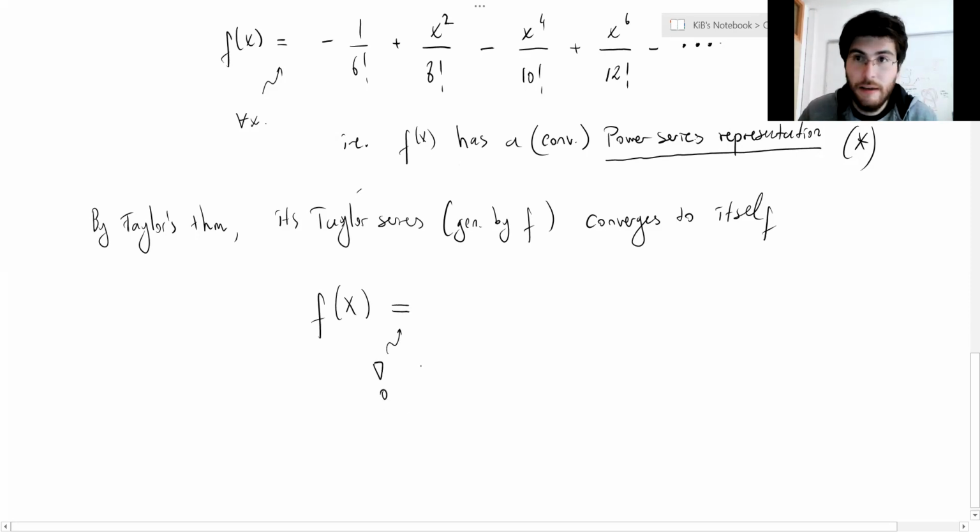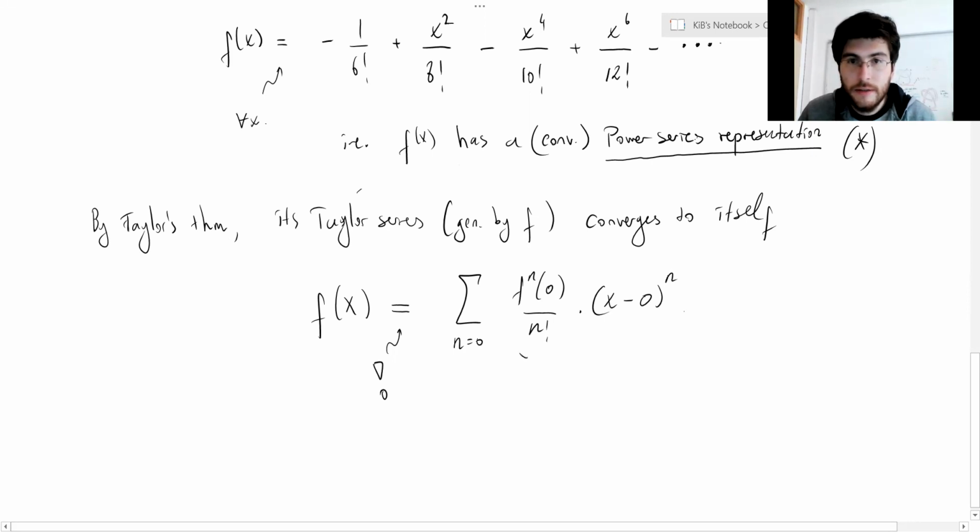This is not the case in general. This is where the amazing thing happens. This is the sum with n starting from 0, centered at 0, f to the n at 0 over n factorial times (x minus 0) to the n, so it's just x to the n, if you like. Let me denote these coefficients by a_n. So this is not the case in general.